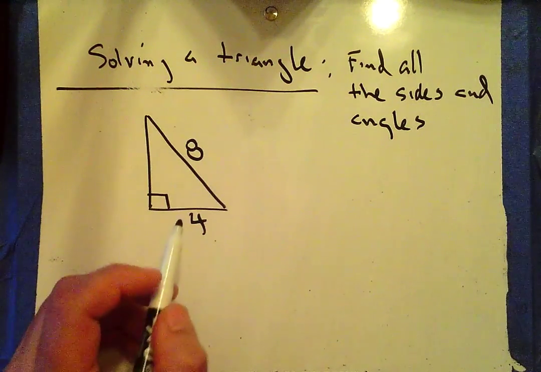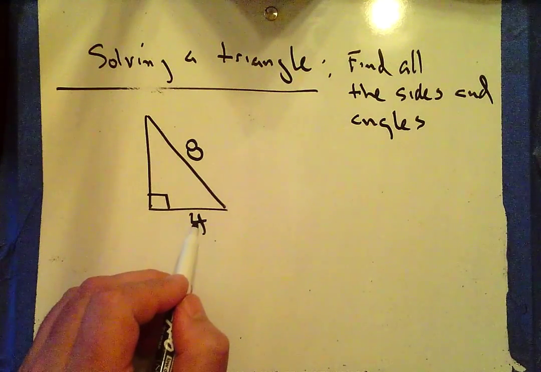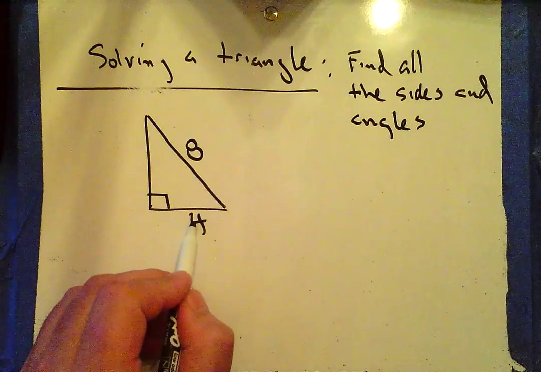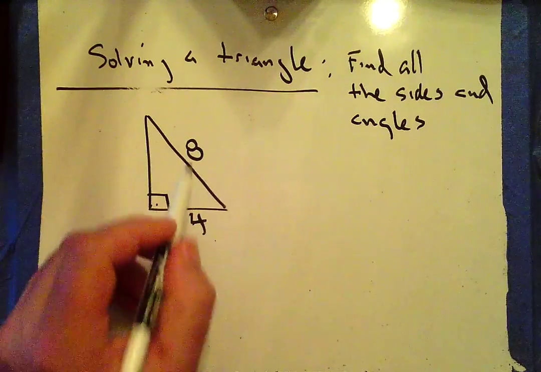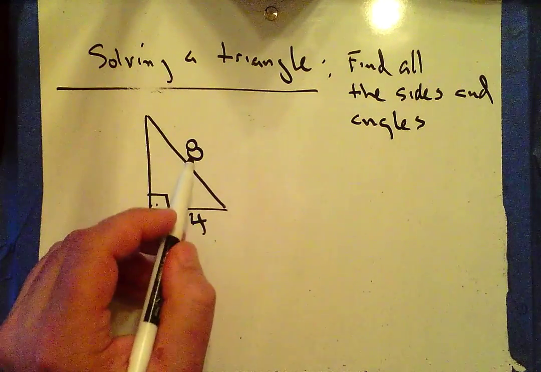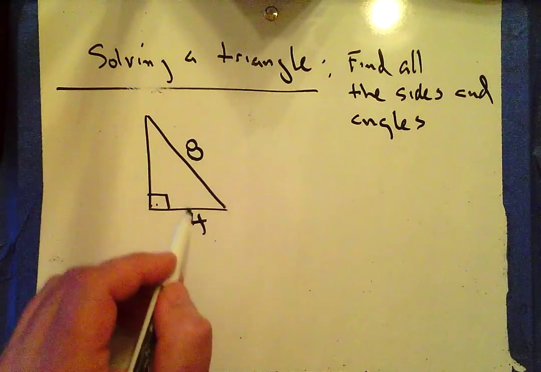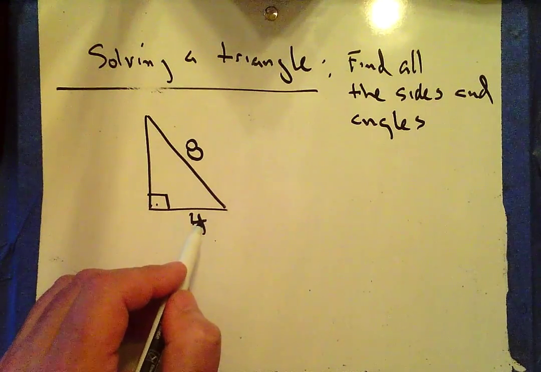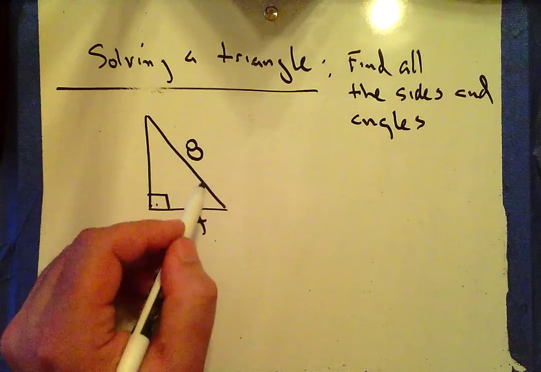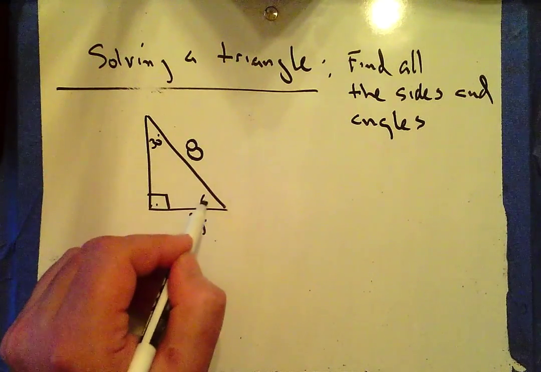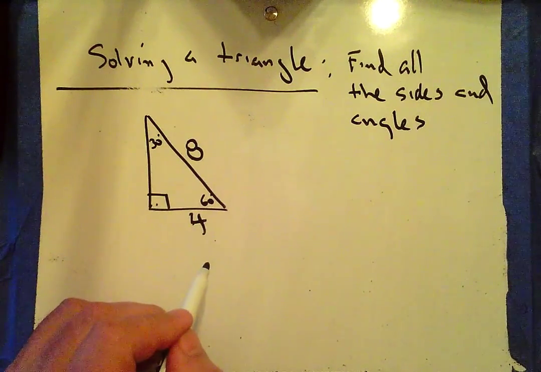Well, this is the short side in a right triangle, and this is the hypotenuse, and we learned in geometry that when the hypotenuse is twice as big as the short side, that means we're looking at a 30, 60, 90 right triangle.